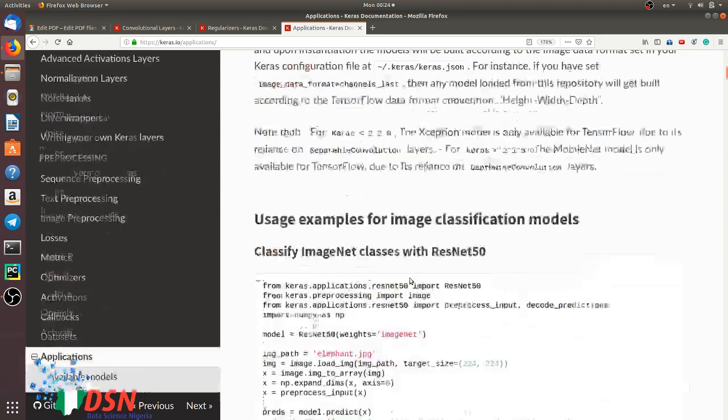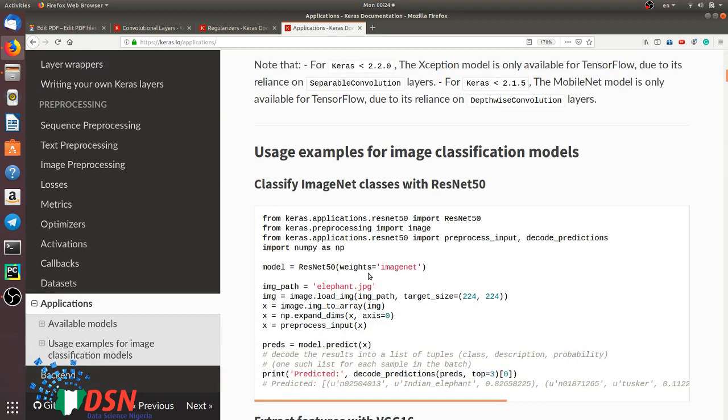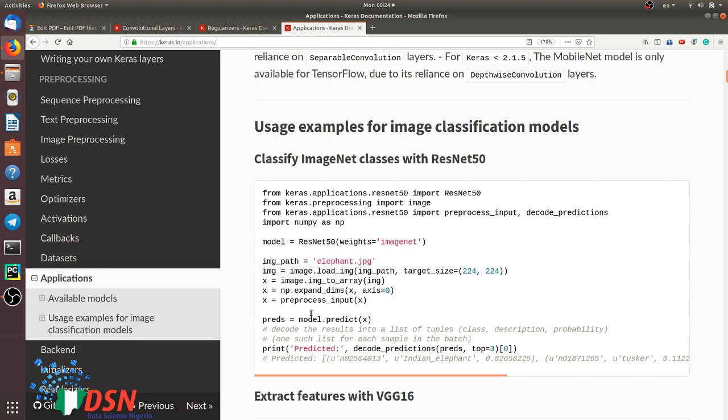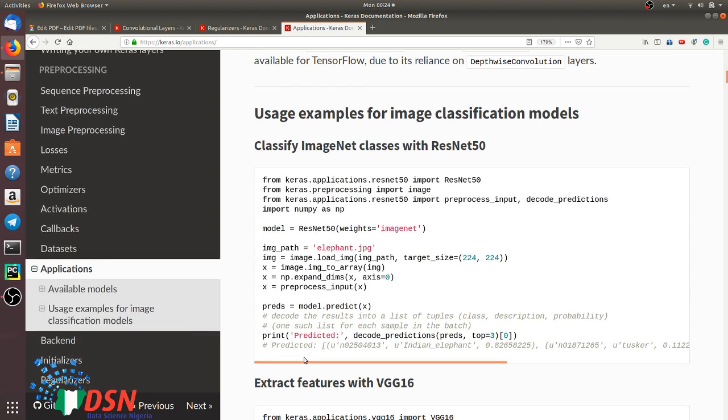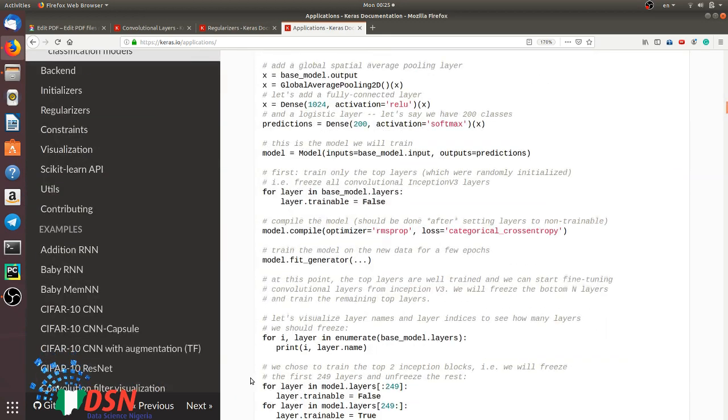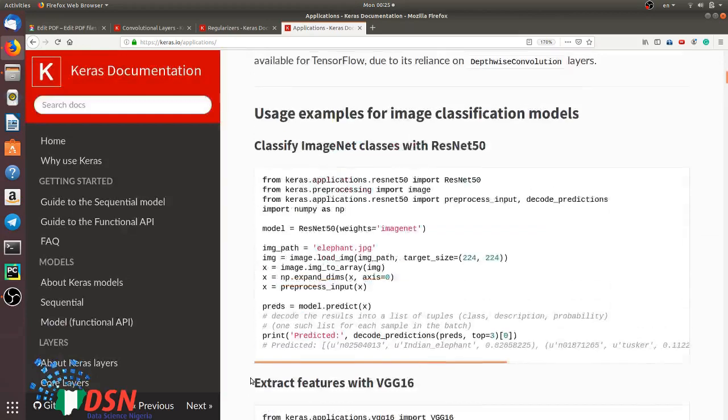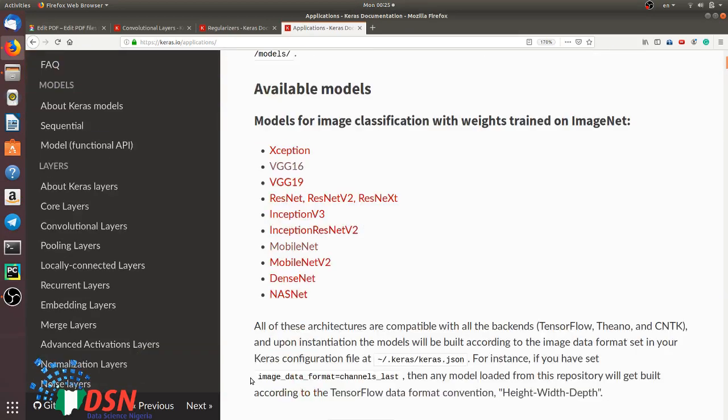ResNet, you could use as a backbone or as the net in here, and there are some examples that show how to use these networks in Keras. These are the most common deep neural networks used in deep learning, and you could use them with your tasks.